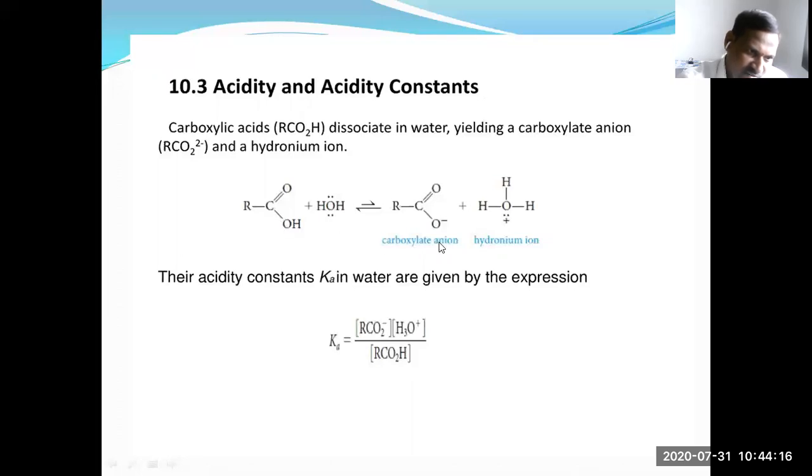The carboxylic acid is converted into carboxylate anion. Their acidity constant Ka in water is given by the expression Ka equals RCO2 minus times H3O plus divided by RCO2H. This is the carboxylic acid, carboxylate ion, and hydronium ion.